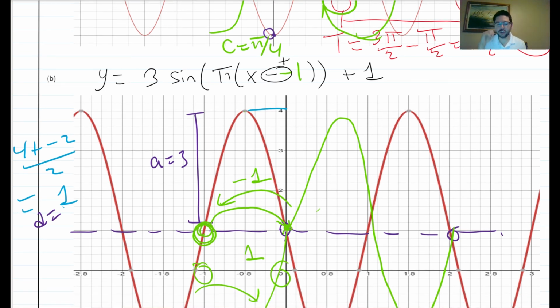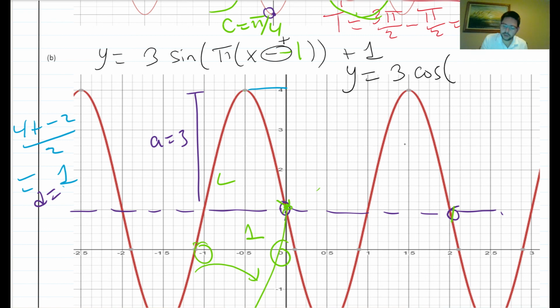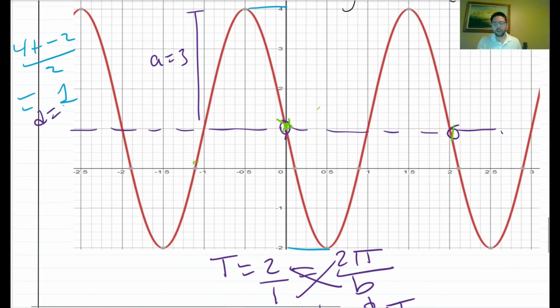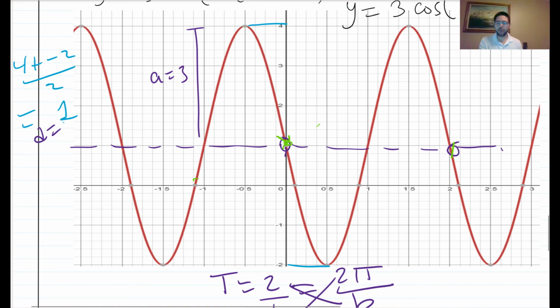Now let's finish off with the cosine here. So we have 3 cosine. So now, let me do this in green and erase all of this. All right, so now if we want it to look like the cosine, well, we got to take this part and we got to move it to the peak, right?